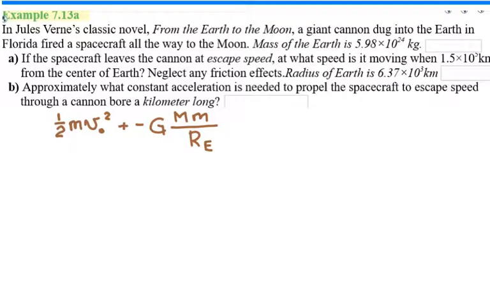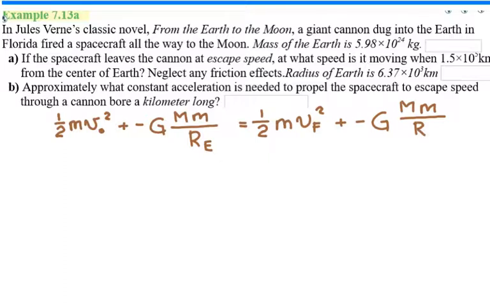Afterwards, because they say it is 1.5 times 10 to the 5th kilometers away from Earth, it still has kinetic energy at that position, and they ask you what that velocity is. So I'm going to call it 1/2 m v final squared, and now it has potential energy of negative G times the mass of the Earth, times the mass of the craft, over the new distance, which I'm going to call r.